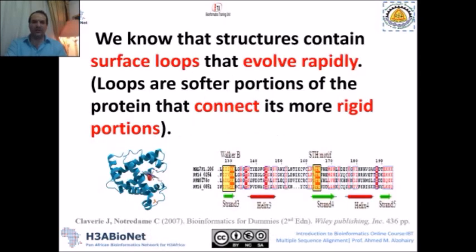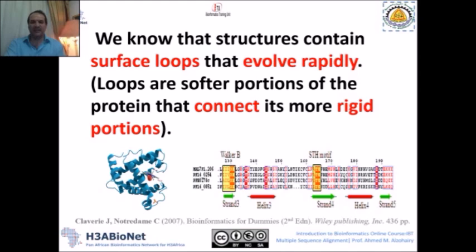So, for example, when you take a look at the structure, you know, of course, that surface loops evolve rapidly. So you will see that these loops in the protein, loops, by the way, are the softer portion of the protein. In this softer portion, you can always see that the amino acids in these loops are changing, and you can find a lot of mutation in these loops.